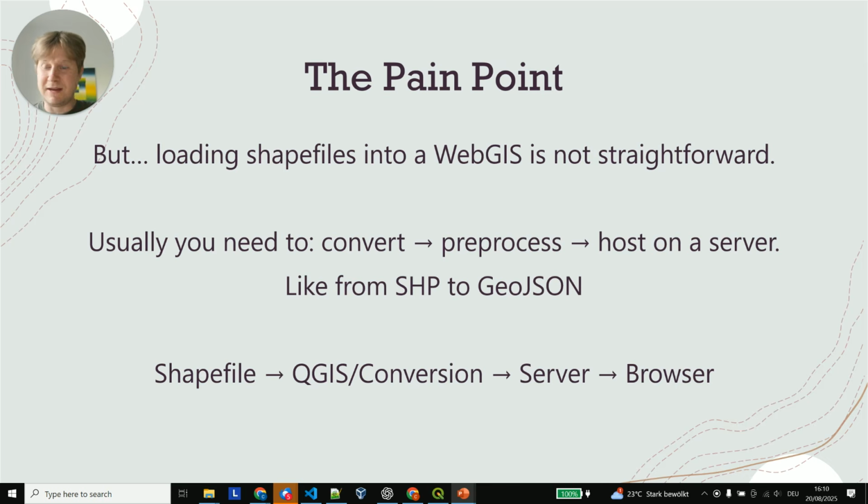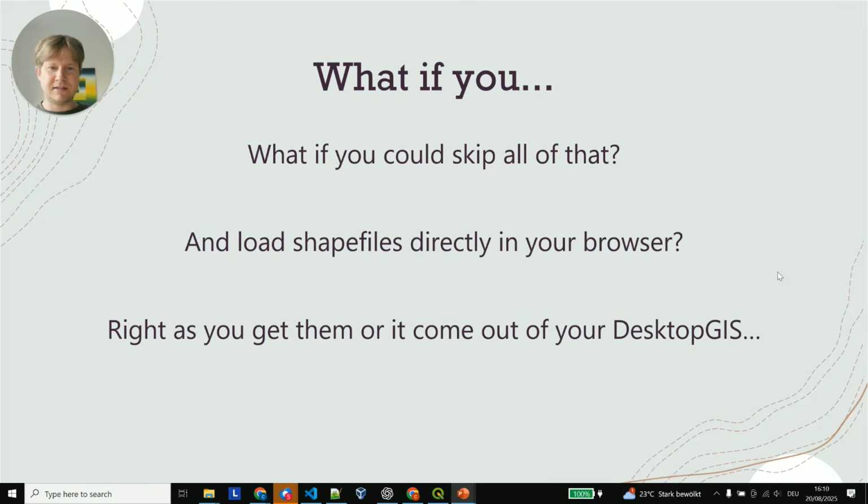Okay, so the pain point is that loading shapefiles into a WebGIS is actually not so straightforward. You would need to convert it, pre-process it, host it on a server, like from shapefile to a GeoJSON format, for example. So you have your shapefile, you put that into QGIS, ArcGIS Pro, or any conversion tool, and then you have to put it on a server, and then you can load it into the browser.